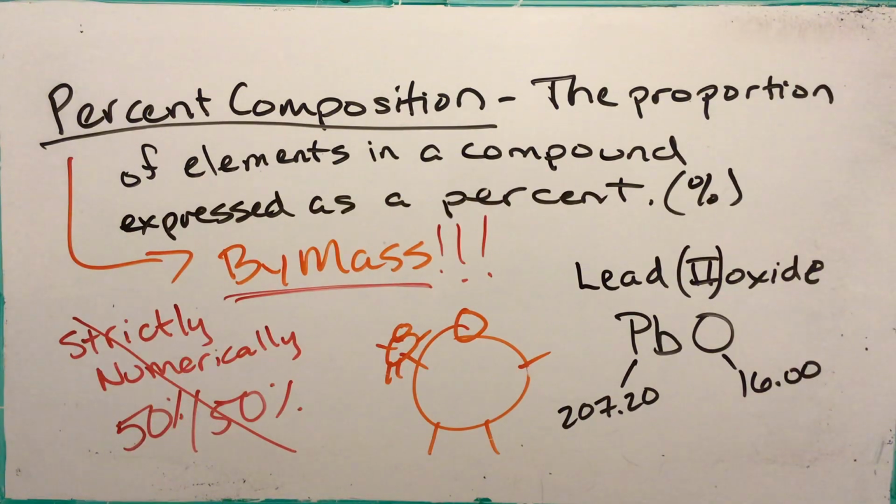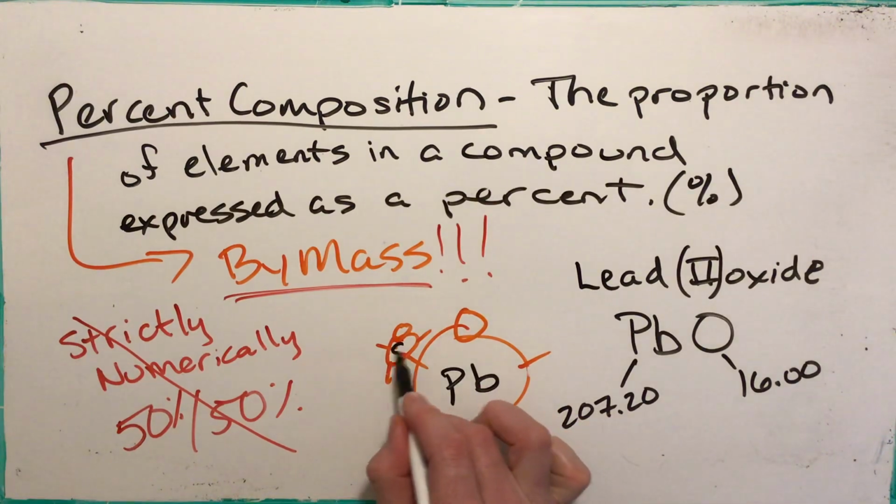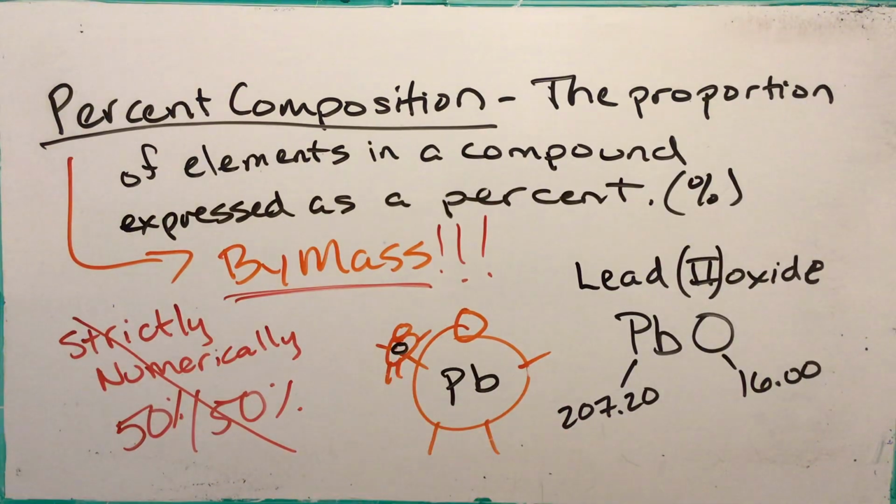Oxygen is 16. So even though strictly numerically I've got one of each, when I look at the actual amount of stuff in there, the protons, neutrons, the mass of this thing, most of the mass belongs to the lead. Very little of it belongs to the oxygen. In this case, our sumo wrestler is our lead and our baby is oxygen.